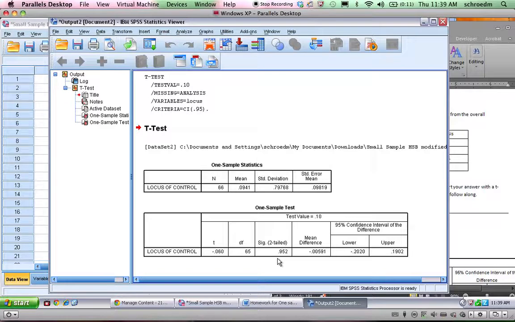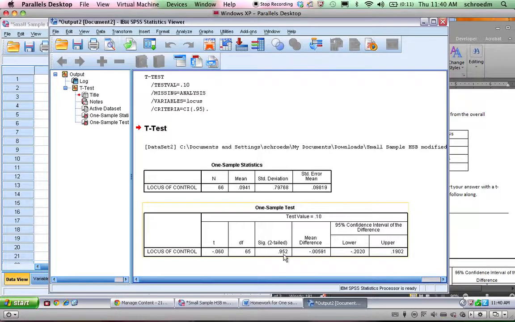And so if getting my t-stat is less than 5% likely if the null hypothesis is true, then I'm going to reject the null hypothesis. If the probability of getting my t-value is greater than 0.05, then I'm going to fail to reject the null and say that there is really no difference.